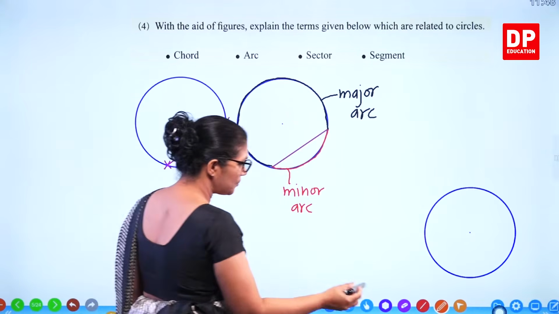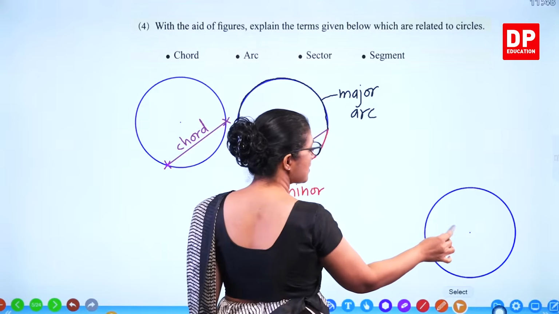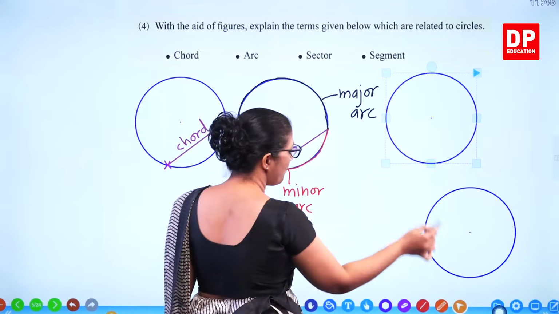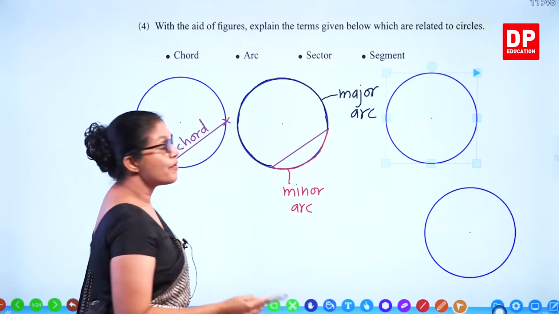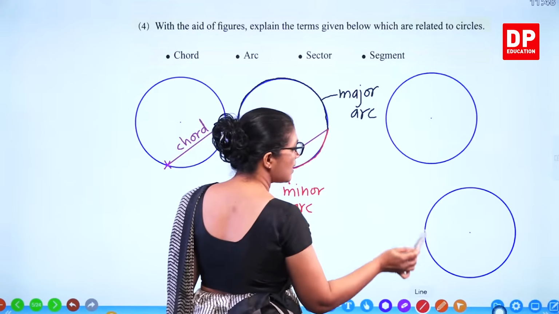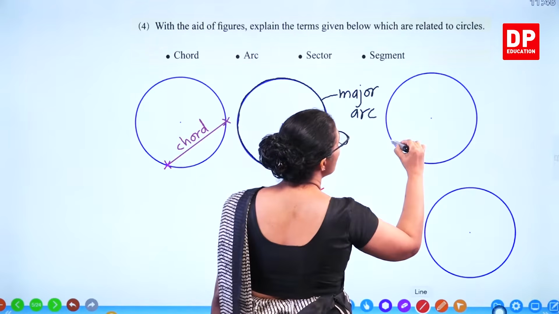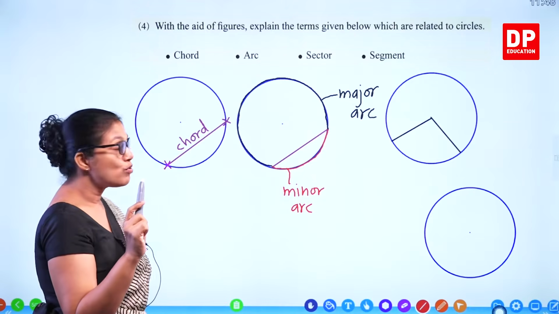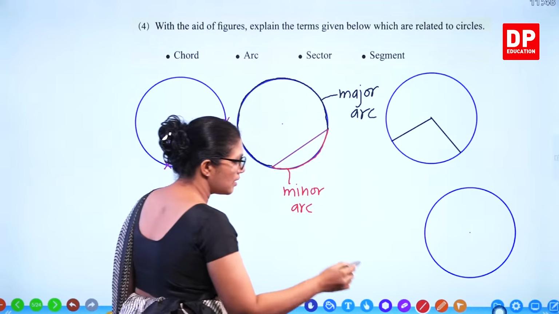Sector. How can we get the sector? So sector, we can get it from 2 radii and the arc. For that, I'll draw any 2 radii. The sector is bounded by 2 radii and the arc.